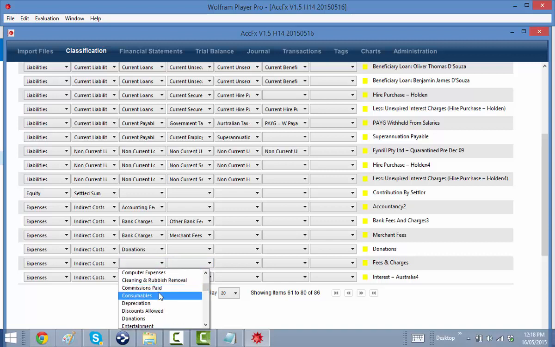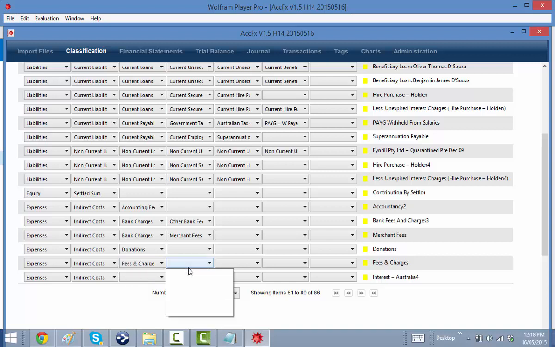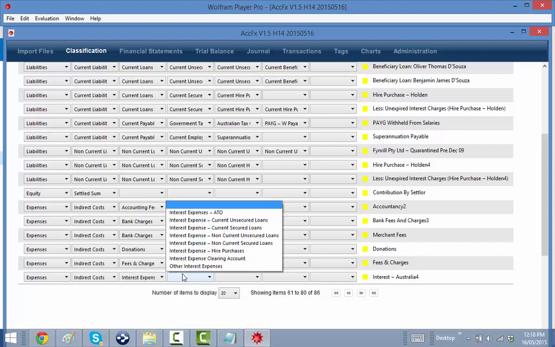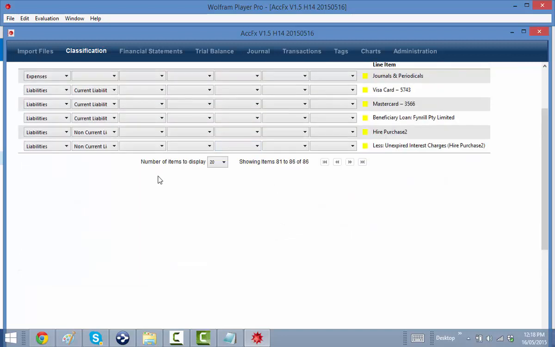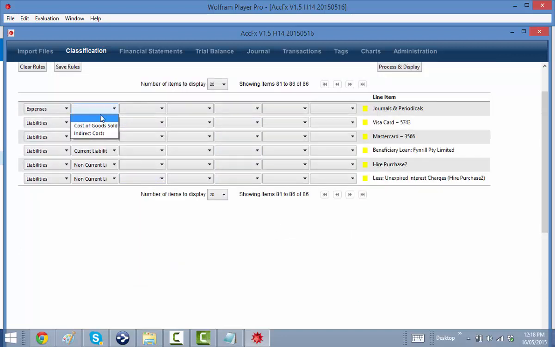Donations, fees and charges, other fees and charges. So interest, we don't know what sort, so just other interest. And you're onto the last bit here, so current indirect costs.